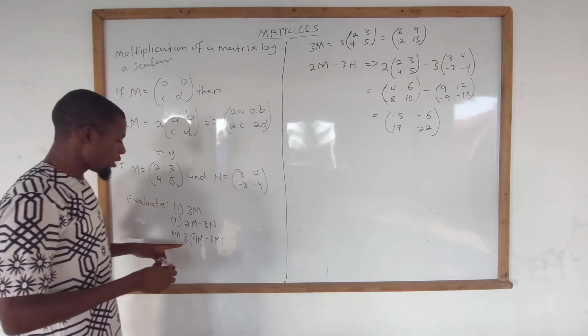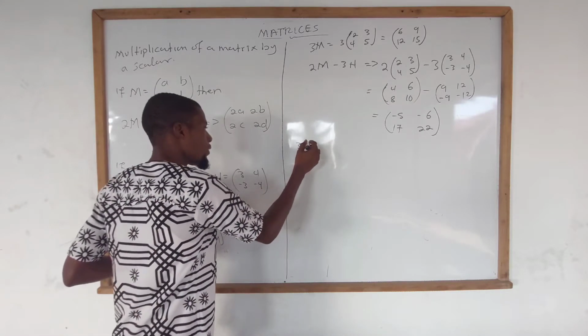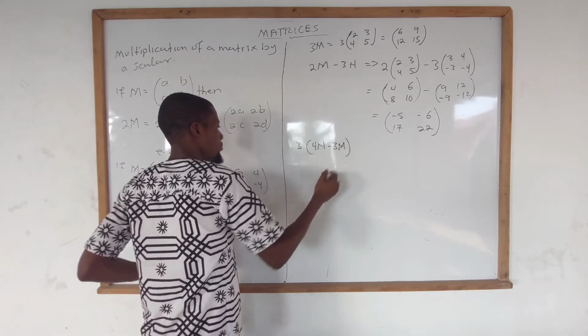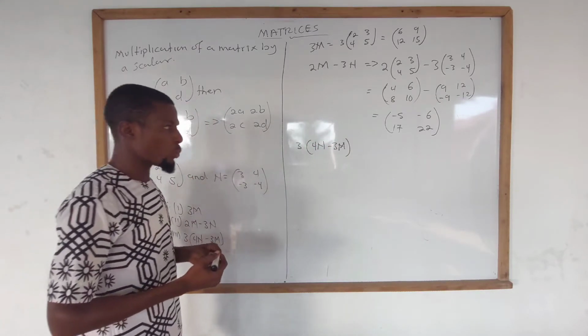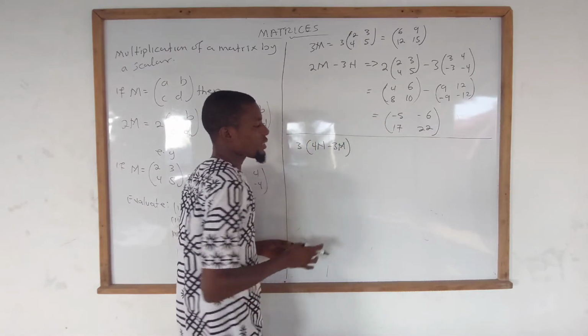Now let's look at the third one, which is 3 bracket of 4n minus 3m. If you have something like this, how do you go about it? We still apply BODMAS. We solve what is in the bracket first.